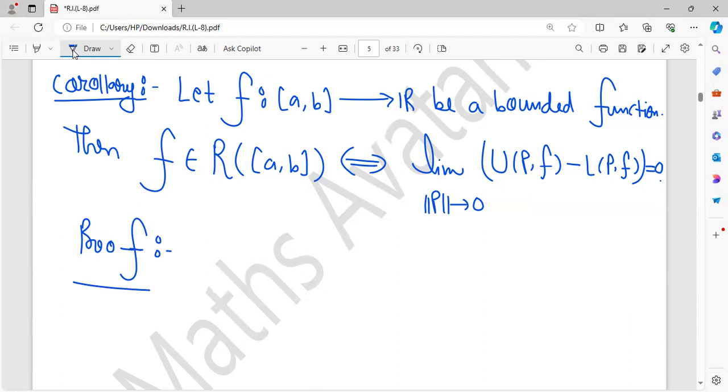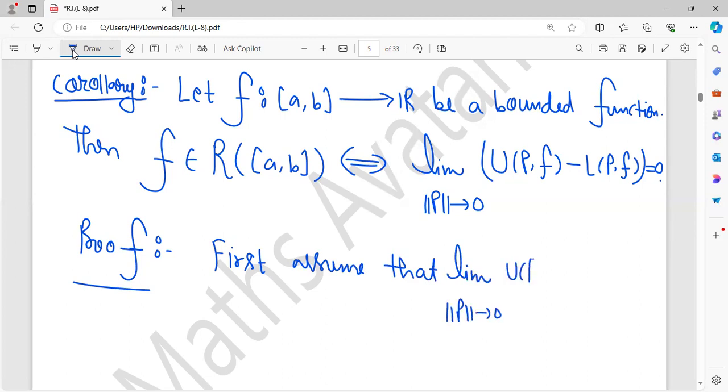So first, assume that the limit of UPF minus LPF is 0. So what does it mean?